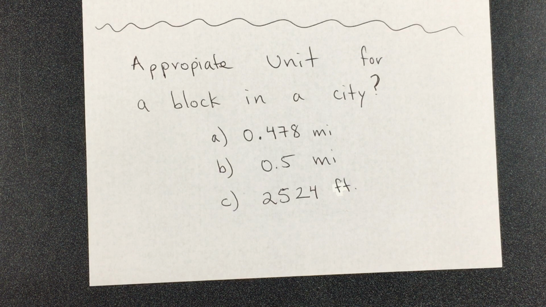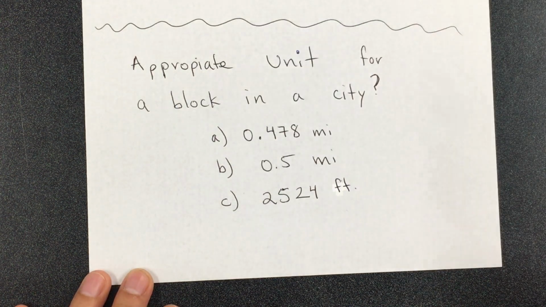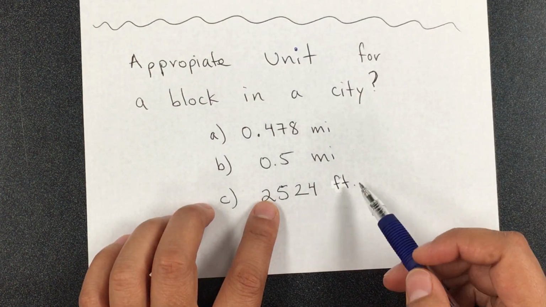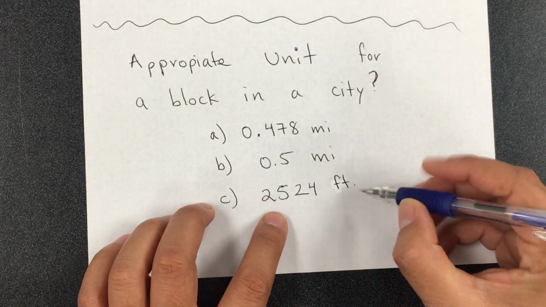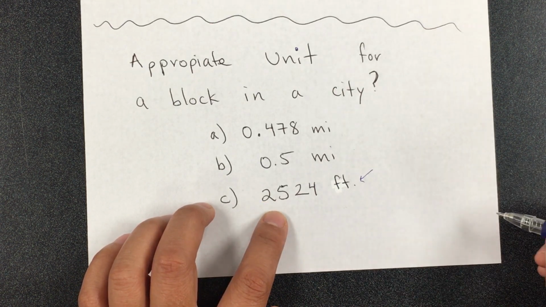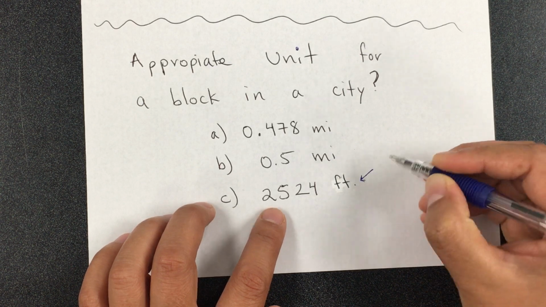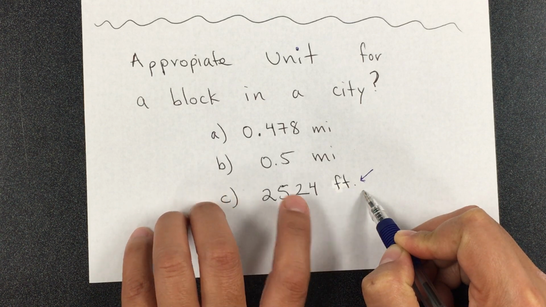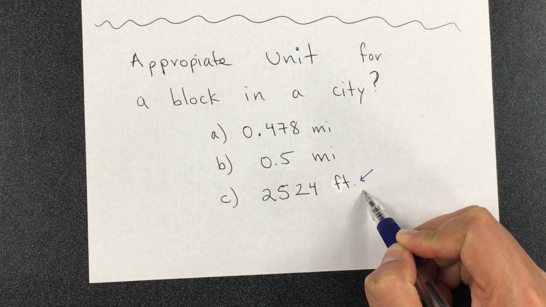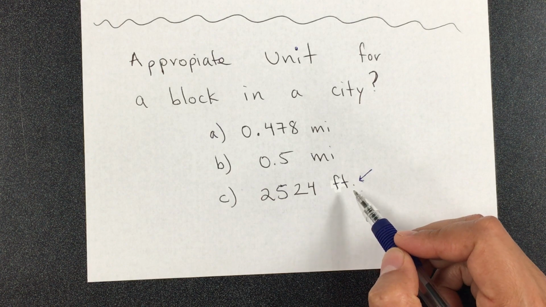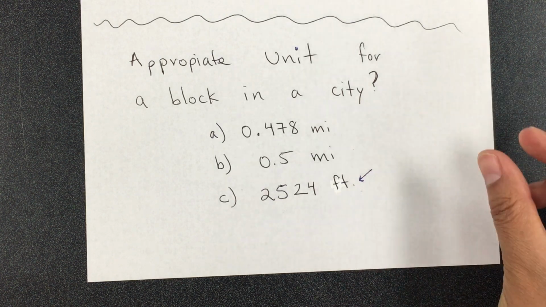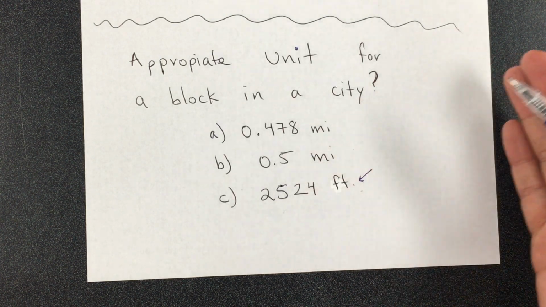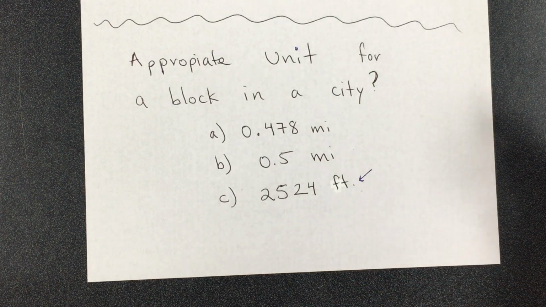If we're talking to an architect or somebody who's working on making the city better, and they want to fix some parts of that street, then feet will be more appropriate, because they will be looking, and this can even go into inches, if we have to be very specific, so that they can make each measurement appropriate depending on if they're putting pipe, if they're putting cement.